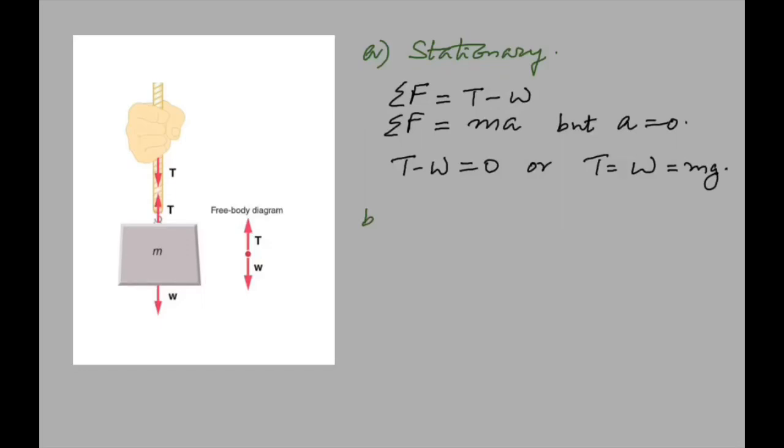But in the second case, let's consider that you're actually moving the thing. You're holding it, but you're moving the object up with an acceleration a. So if you are moving it up with an acceleration a, then once again the forces are the same. The forces are tension and the weight.